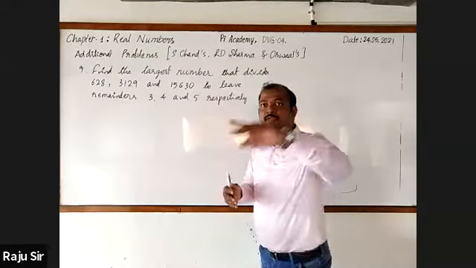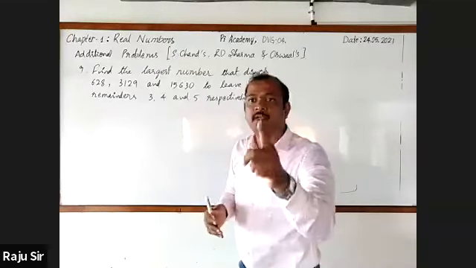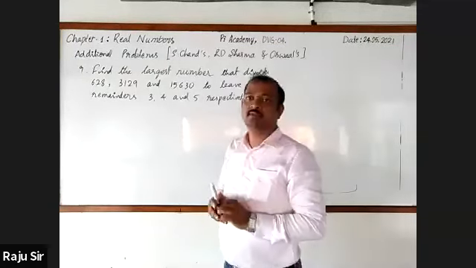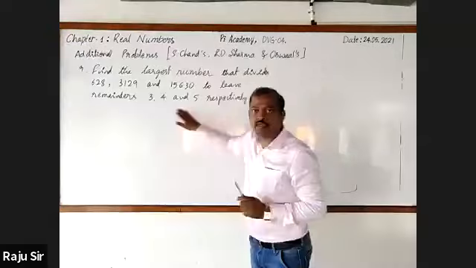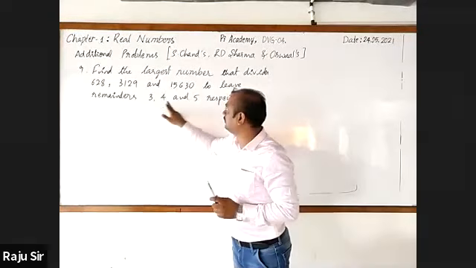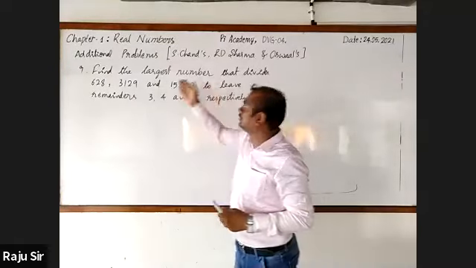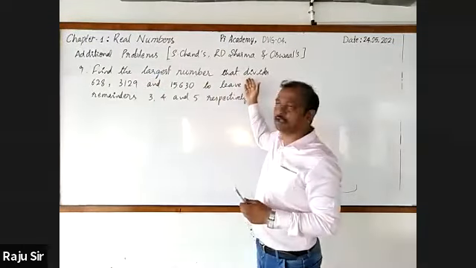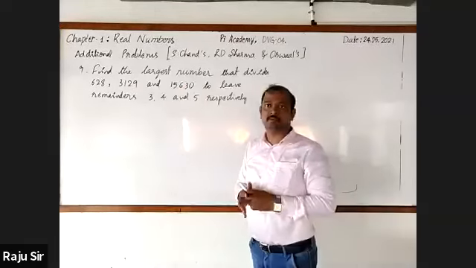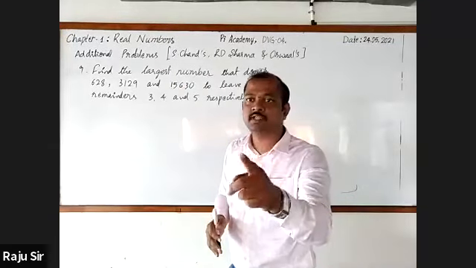In the previous problem, in each case, the remainder was the same, that is 3. But here, we have 3 different remainders, 3, 4 and 5. Once you go through the statement, you are going to find out the largest number that divides the given numbers, whether it belongs to HCF or LCM. HCF, sir.